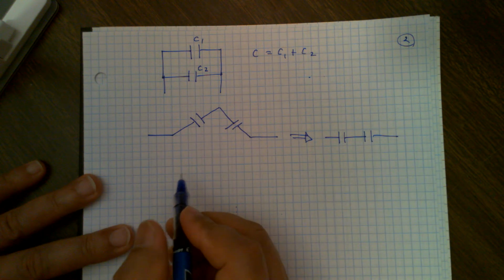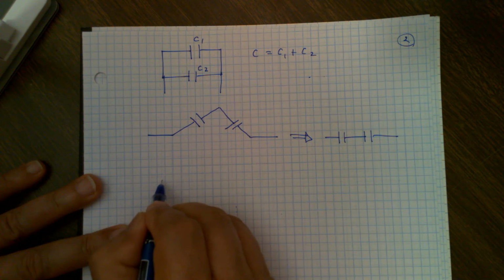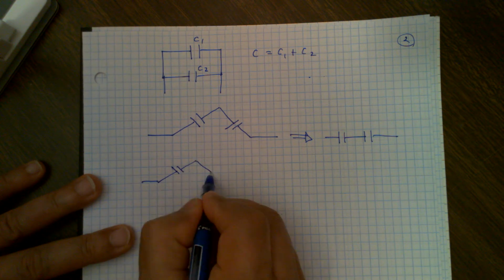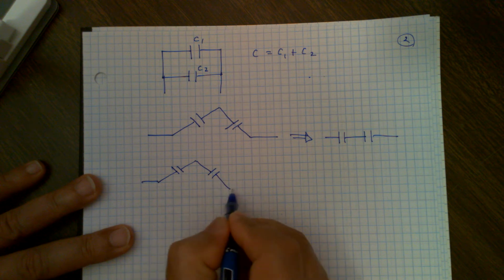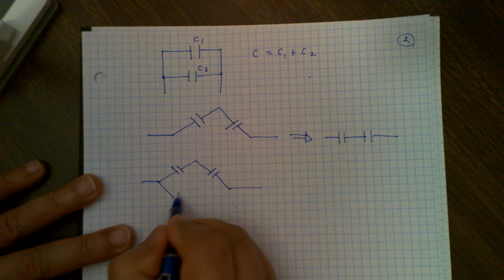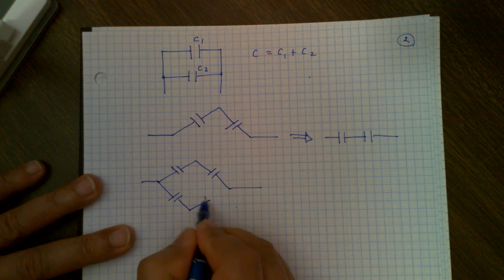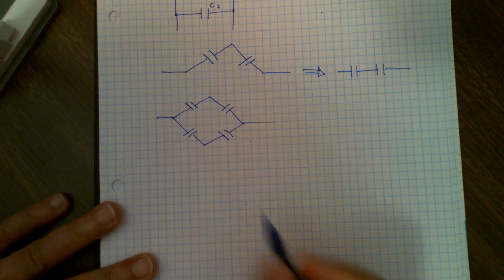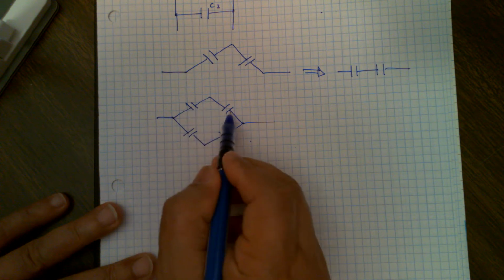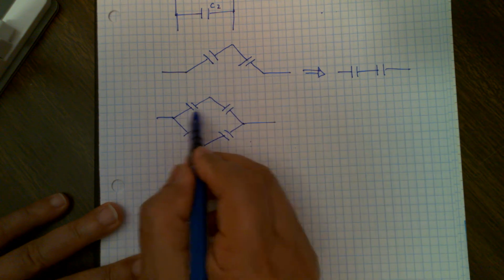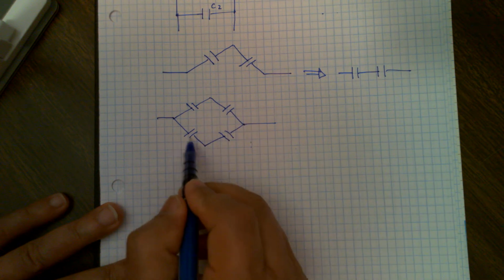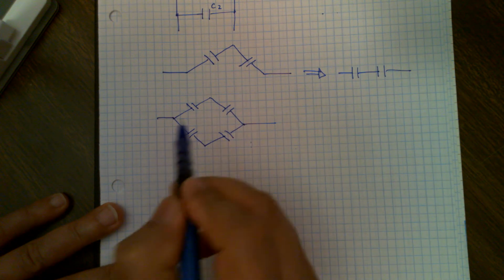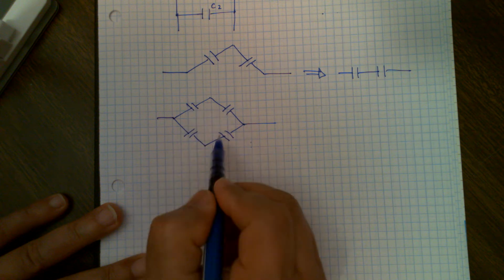All right? So what about something like this? Well, in this case, you have to know that this and this, as we explained before, will be in series, this and this will be in series. Then after that, the resulting one will be parallel.